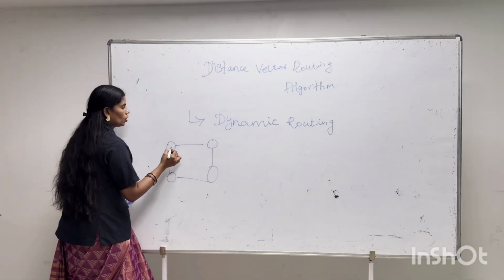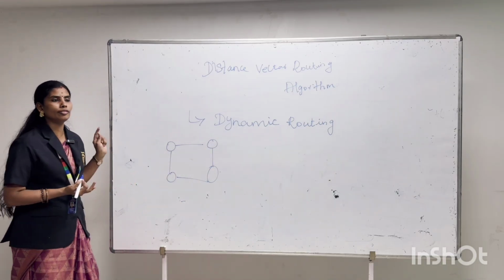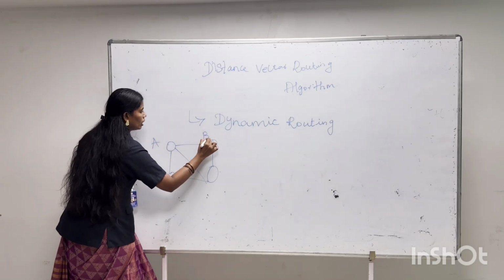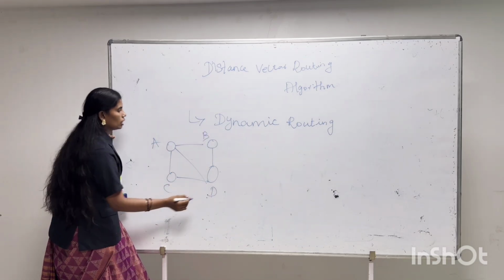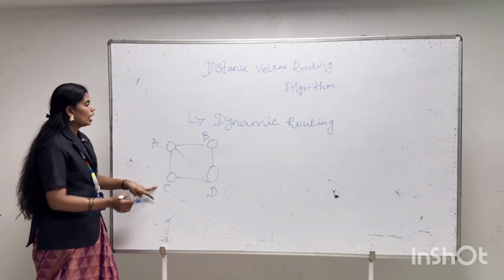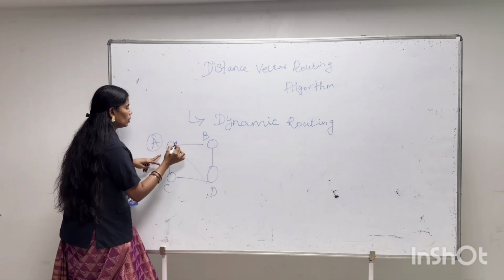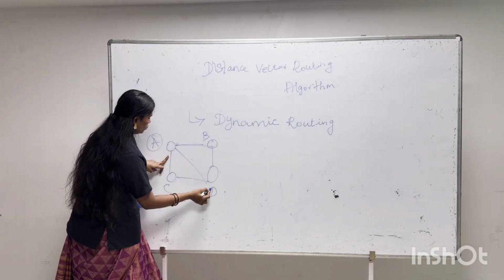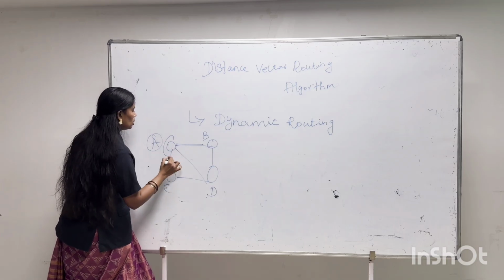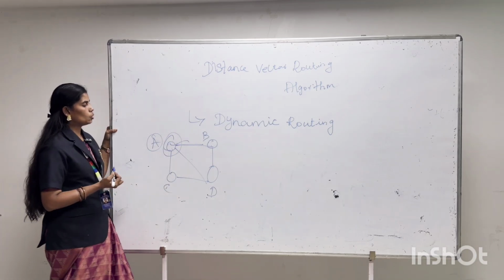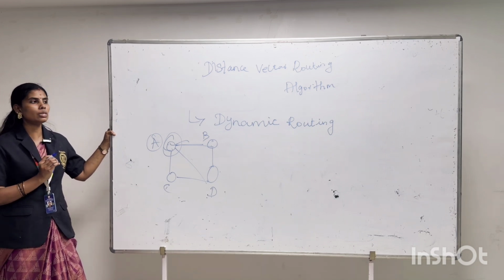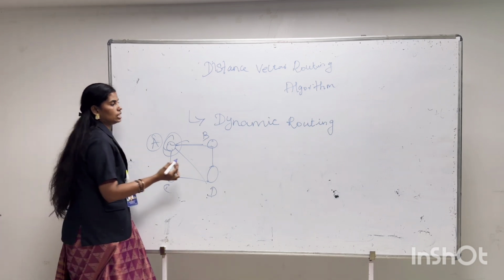For example, here I have taken 4 nodes. They communicate with the other nodes also. So here we have taken A, B, C, D as 4 nodes. For A, we have communicated the paths A to B, A to D and A to C. From the three paths, we are going to calculate which is the best path and the least distance.